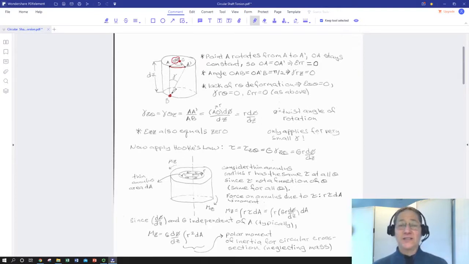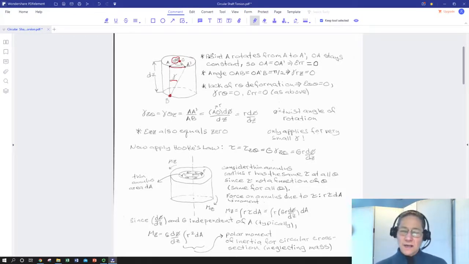So we're actually inducing a shear strain in the theta z direction, and so B stays still and A moves. So we have displacement of A to A prime through the angle d theta. B stays the same, so we end up creating this angle gamma in the theta z direction.